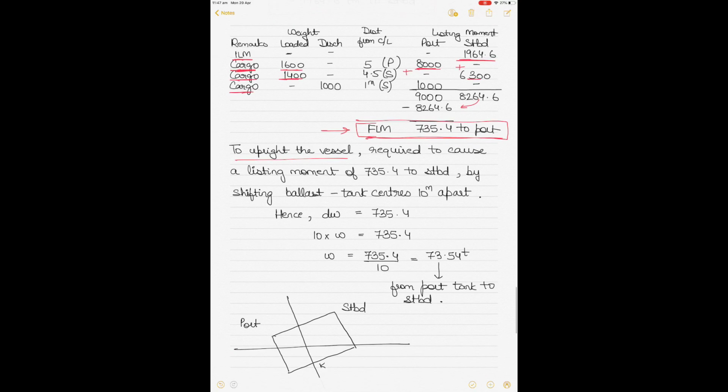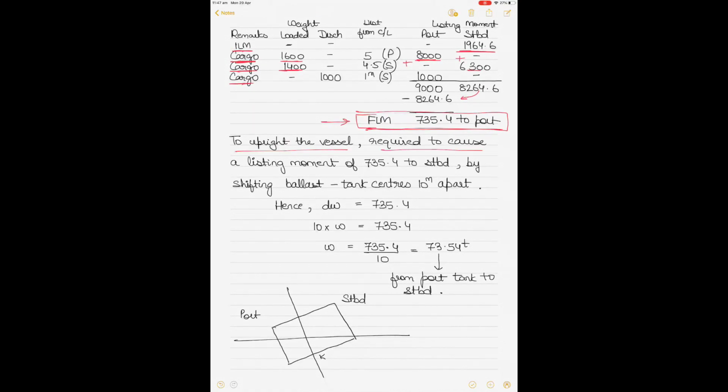To upright this vessel, you are required to cause a listing moment of 735.4 to the opposite side, which is the starboard side, by shifting ballast water through tanks which are 10 meters apart. So you have a listing moment of 735.4 that you need to correct.